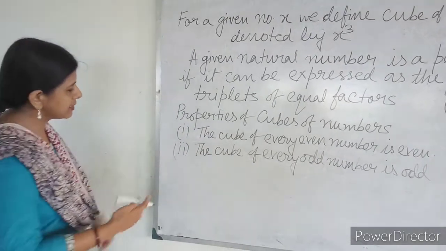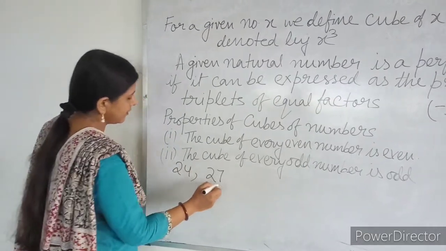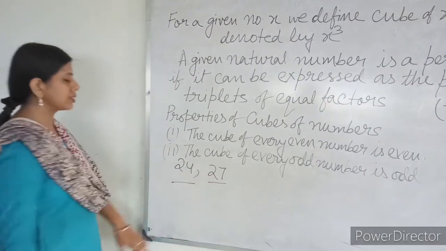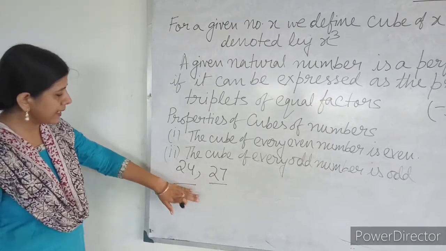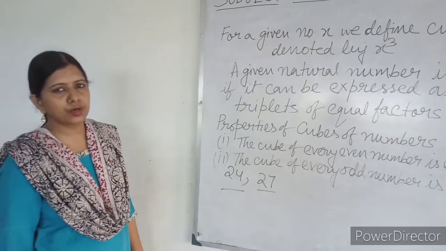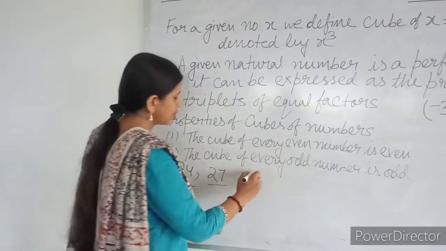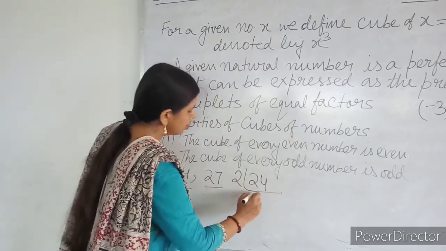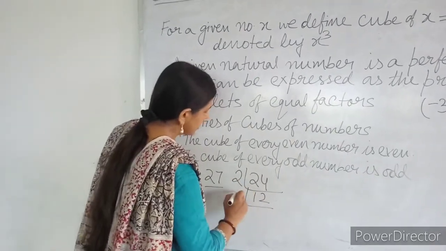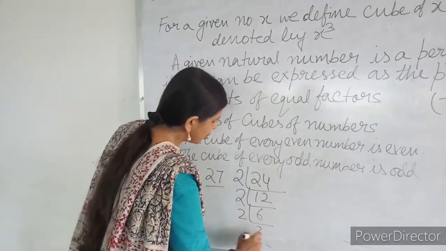Now suppose I am taking the numbers 24 and 27. I have to find out whether these are perfect cubes or not. To find that out, what I have to do? I have to factorize the numbers. So 24, I am going to factorize it by 2, it will come 12, then again 2, 6, now 2, 3s are 6.